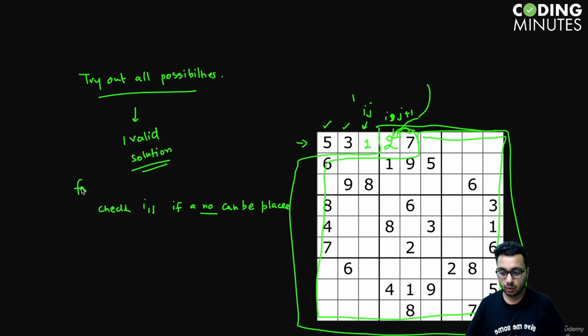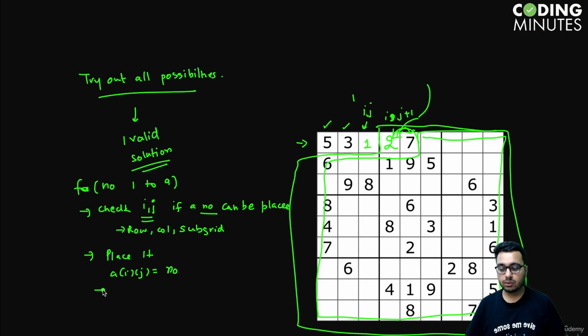You will try all the numbers, for number in the range 1 to 9. You check at a given cell if this number can be placed. That means it doesn't occur in the row, it doesn't occur in the column, and it doesn't occur in the subgrid. If it can be placed, then you place it. That means you say array of i comma j equals that number, and you solve the sub problem.